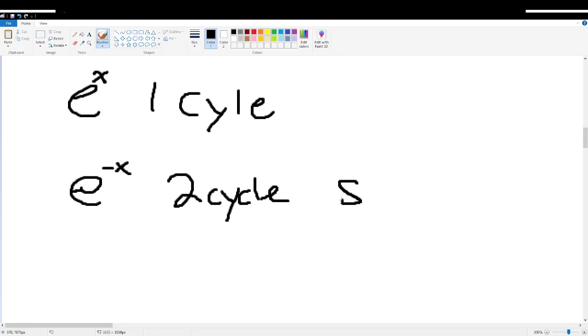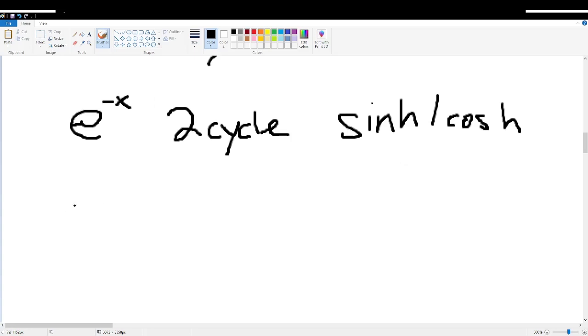We also know that this applies to sine hyperbolic and cosine hyperbolic, where they are each other's derivative. So the derivative of sine hyperbolic is cosine hyperbolic, and so on. And we know that sine and cosine are a 4 cycle.